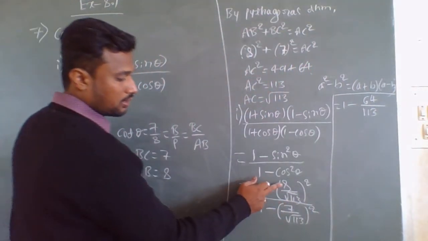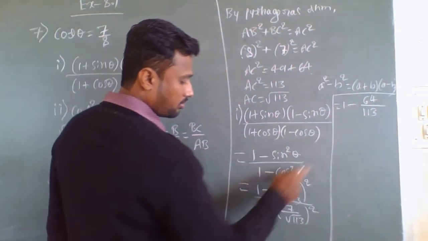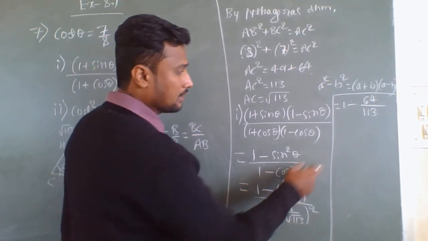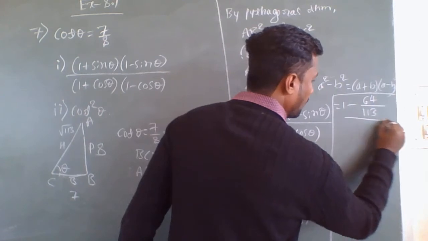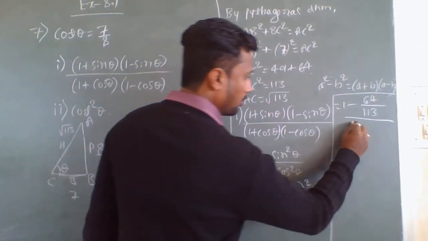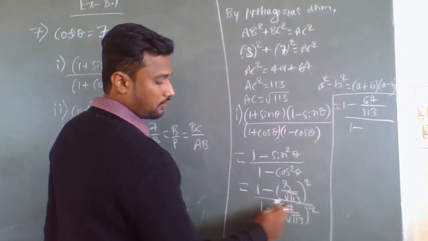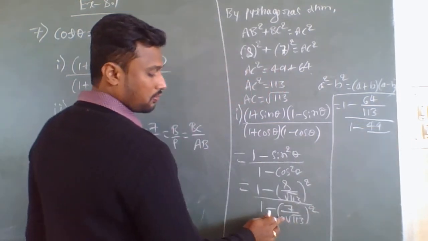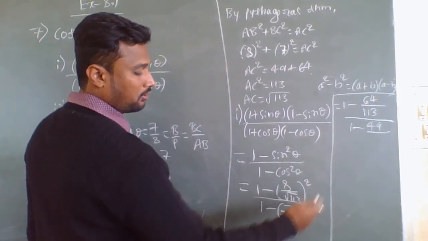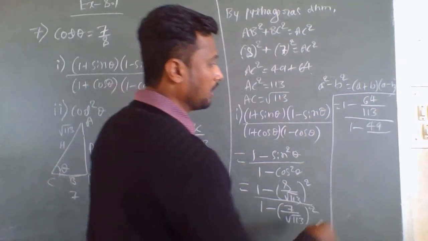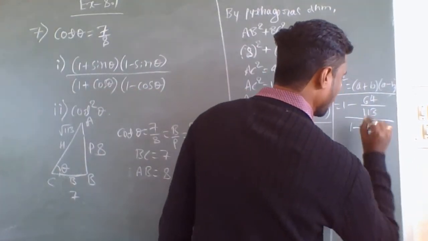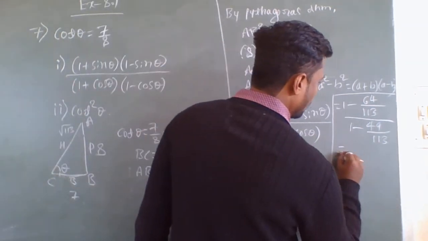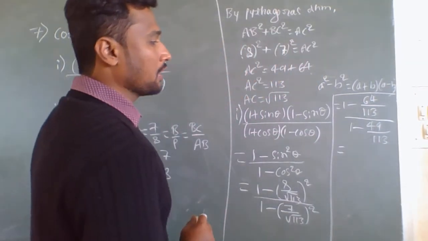See here, square of 8 is 64, square of square root 113 is 113, divided by 1 minus 7 square, which is 49 divided by square root of 113 whole square, again 113 only.